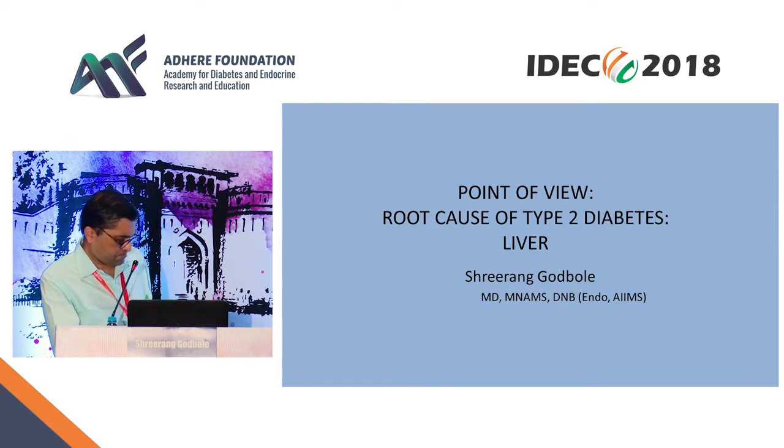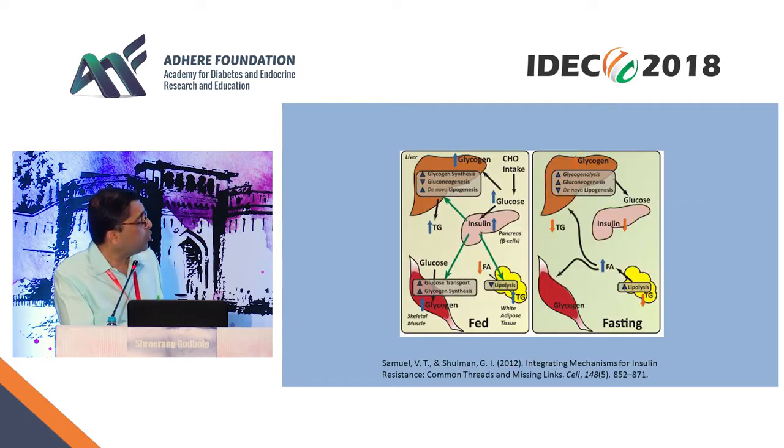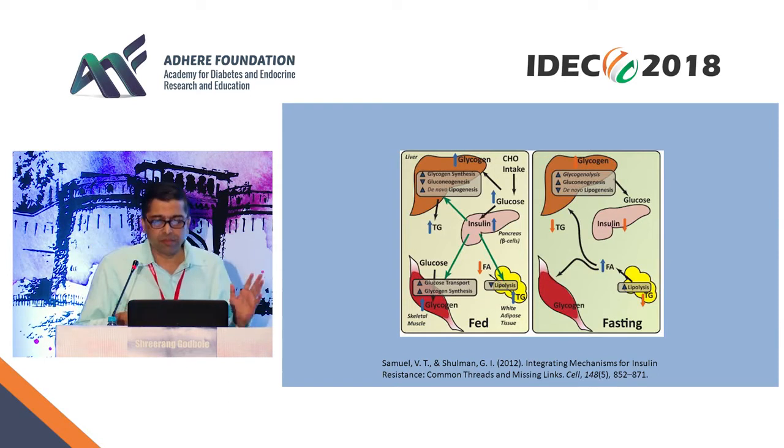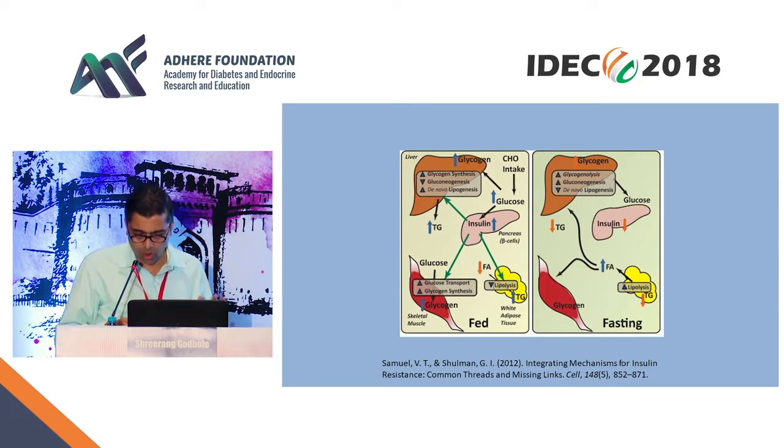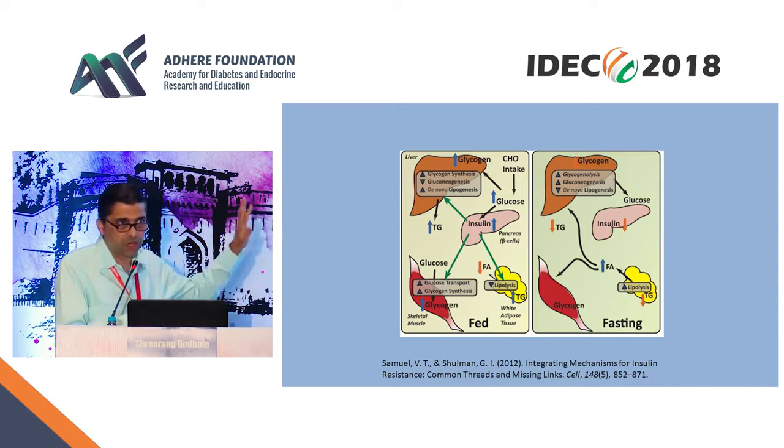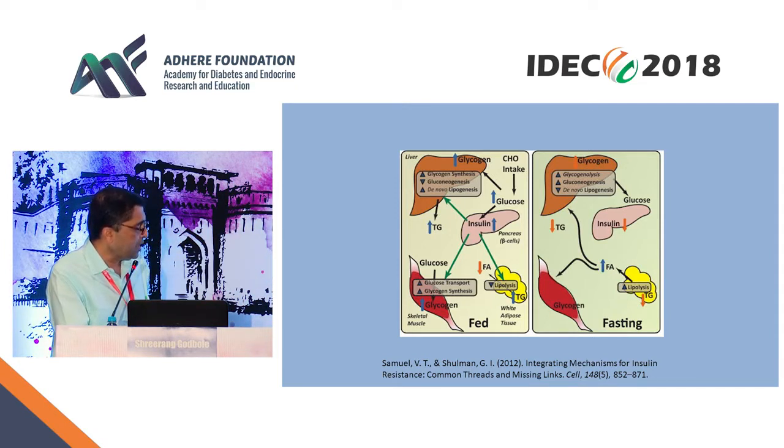With intake of carbohydrates in the fed state, there is increase in the plasma glucose, stimulation of insulin from the pancreas, and the insulin has several mechanisms by which it can store excess calories, some of which are shown over here. At the level of the skeletal muscle, the insulin promotes the transport of glucose and glycogen synthesis.